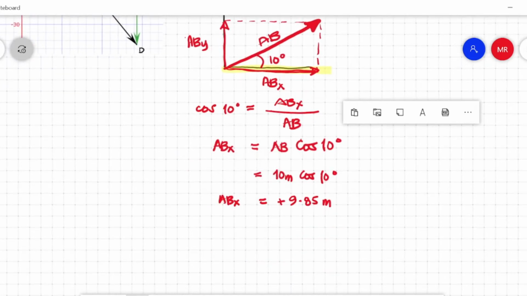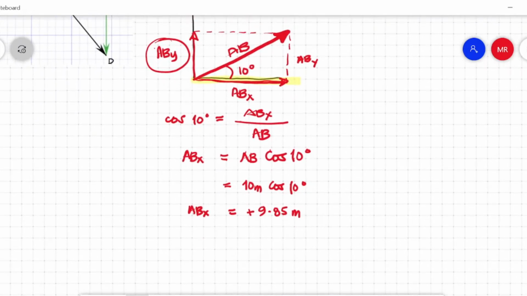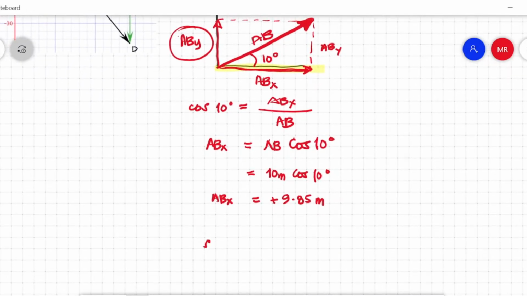For us to get ABY, since ABY is opposite of the 10 degrees, because if this is ABY, this side also is ABY, it's just the same. Nasa kabila siya ng 10 degrees, so ang gagamitin naman natin ay sine. Sine 10 degrees is equal to the opposite, ABY, over the hypotenuse, AB.